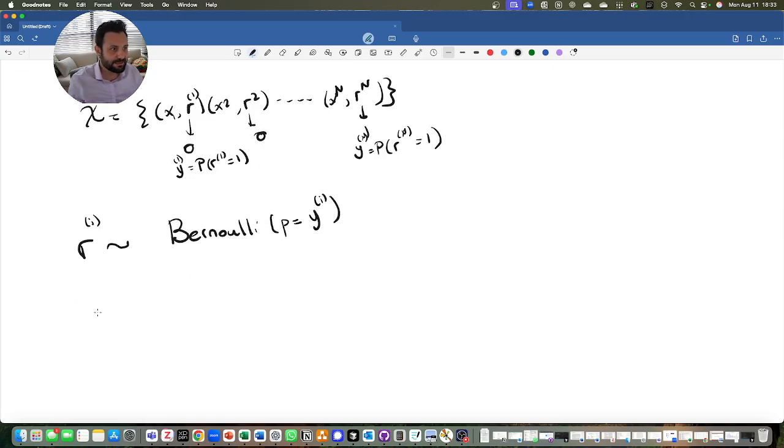So let's try to calculate the likelihood of my data set. Before I startle you with words like likelihood that come from probability theory, if I told you, hey, I have a set of coins with their own probabilities of being 1s and 0s, and I did the experiments of tossing all of the coins, and these were the results.